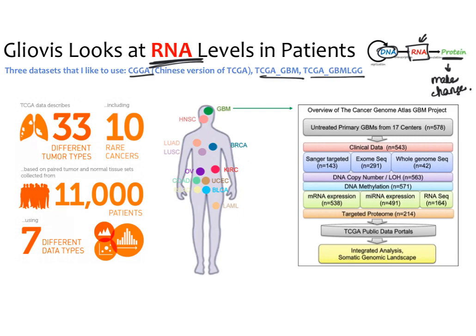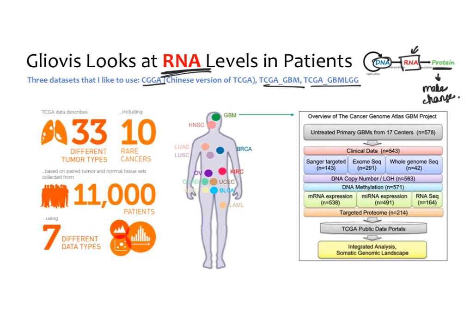But first, I just want to highlight what an amazing project this is. So TCGA, it was quite an incredible project that looked at 33 different tumor types across 11,000 patients and did 7 different types of analyses, which are listed here, in order to really get at what is changing in these tumors and what genes are expressed, what genes are not expressed, how can we better understand what's going on with these tumors.